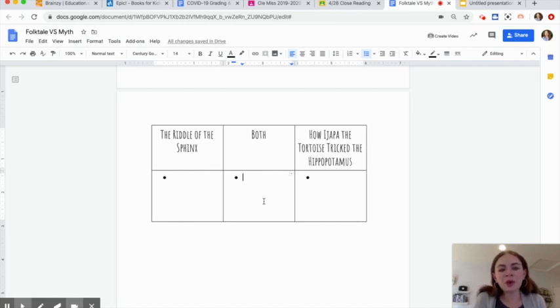So one thing that I noticed is that both of these are types of fiction. When I was thinking about genre, I was like, oh, I know that both of these are fictional stories. I also noticed that both of our characters are very clever.